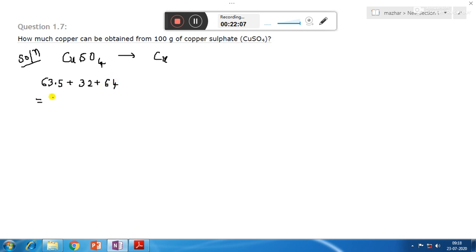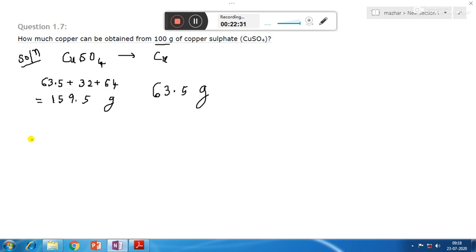So that will be equal to 159.5 gram. Atomic mass or molar mass of copper is 63.5 gram. So that means from 159.5 gram copper sulfate we get 63.5 gram copper.